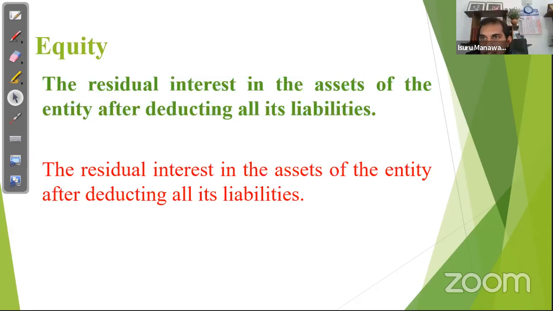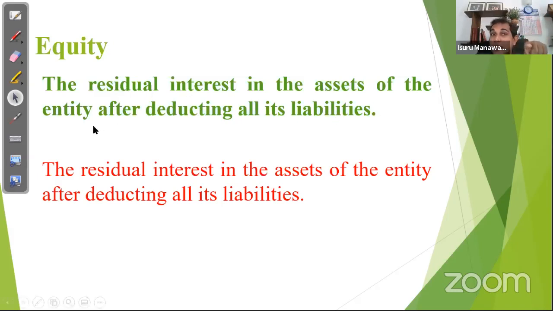Are there any changes? No, it remains unchanged. In the previous document, the 2010 Conceptual Framework, as well as the 2018 Conceptual Framework, equity is defined in a similar way, with no changes.